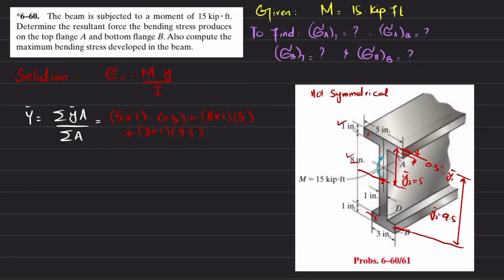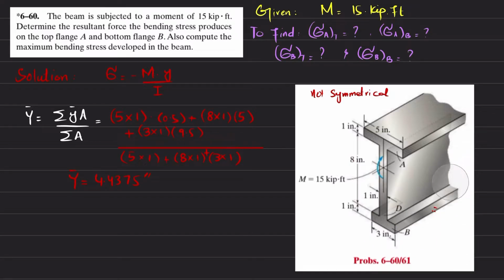So divide by the sum of all areas: the first area is 5 into 1, the second area is 8 into 1, and the third area is 3 into 1. If you calculate it, you will get y bar equal to 4.4375 inch. So I will delete these things to make it clear.